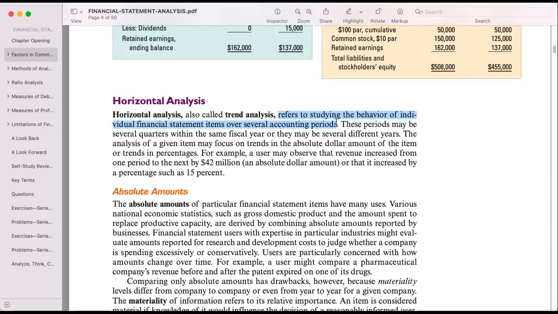These periods may be several quarters within the same fiscal year. The analysis of a given item may focus on trends in the absolute dollar amount of the item or trends in percentages. So the horizontal analysis involves analyzing the financial statements over several accounting periods.